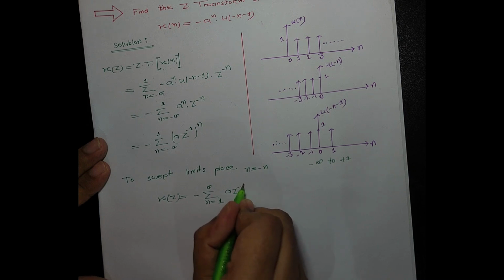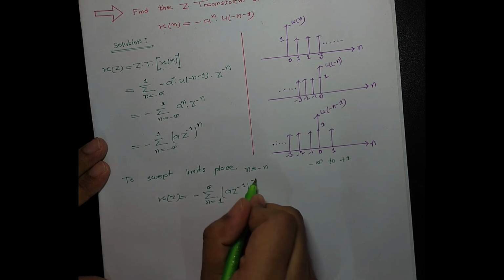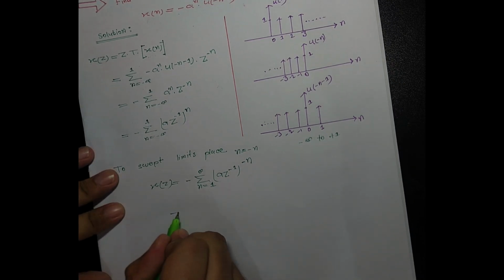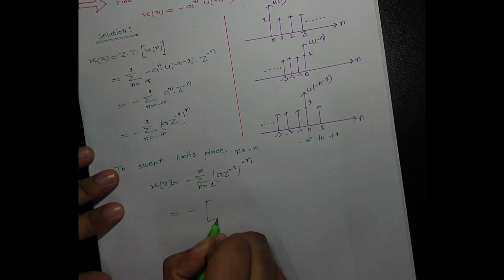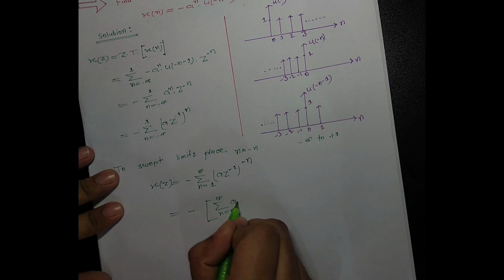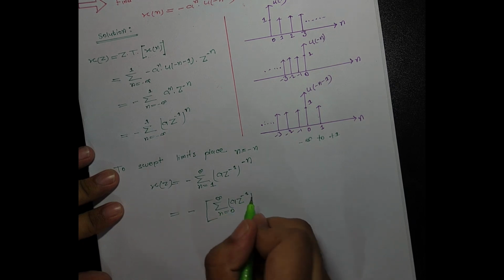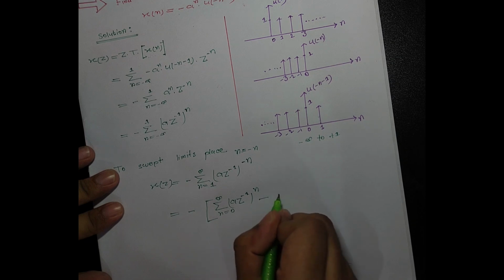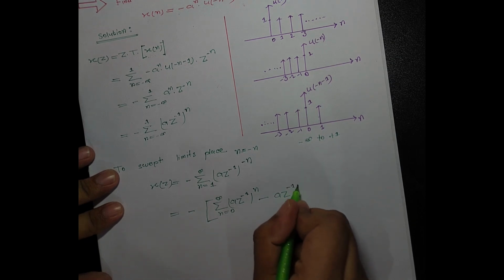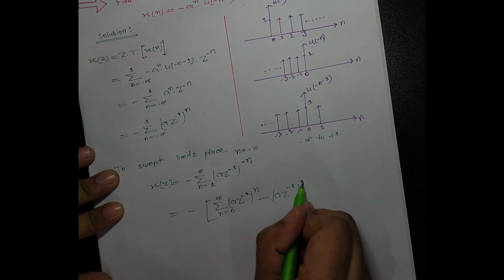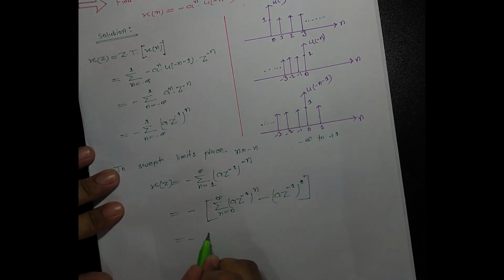(a z inverse) to the minus n, minus summation of n equal to 0 to infinity (a z inverse), minus (a z inverse) to the 0. Minus 1.